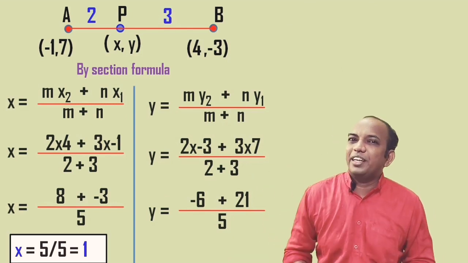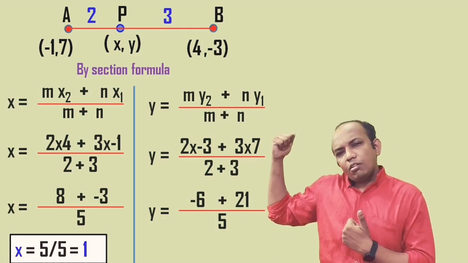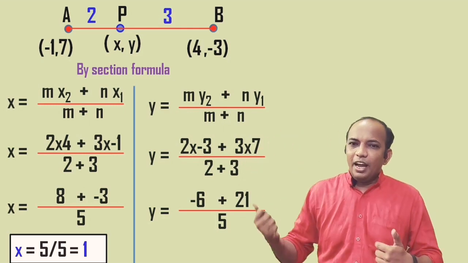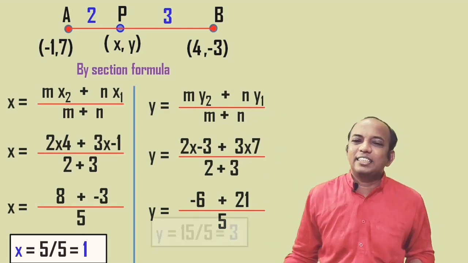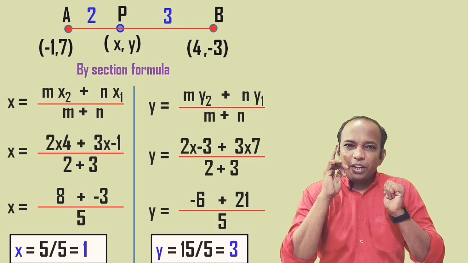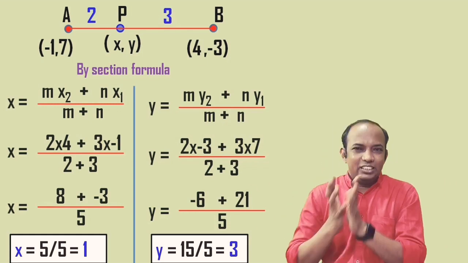After carrying out the operation, 2 into minus 3, the answer is minus 6, right? Plus 3 into 7 we get 21, and after carrying out the addition we get 15 upon 5, that results in 3. So in all the coordinates of point P are 1 and 3.